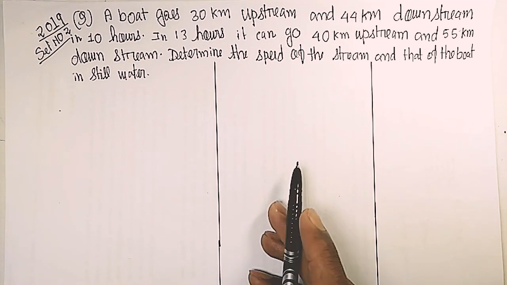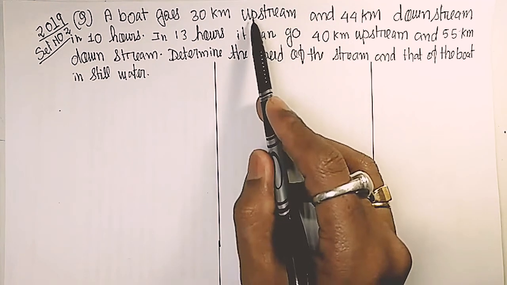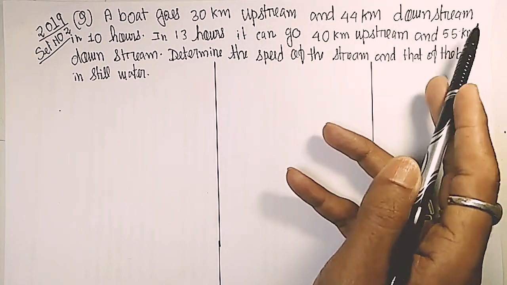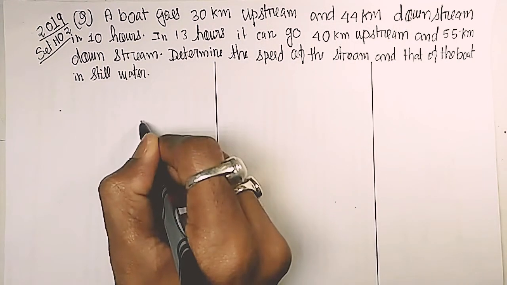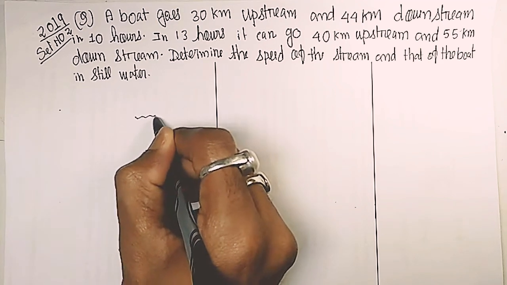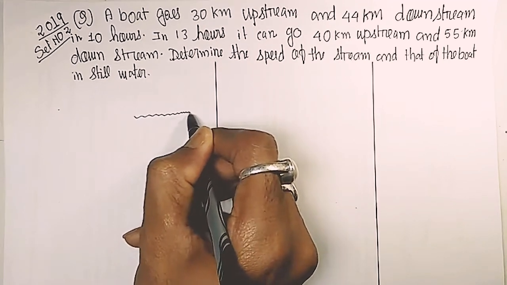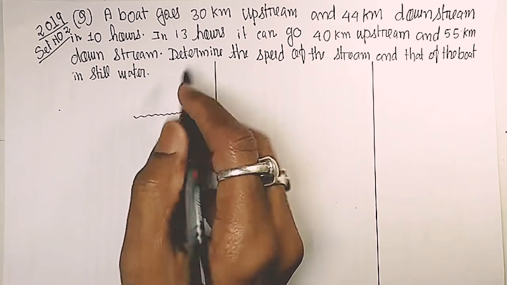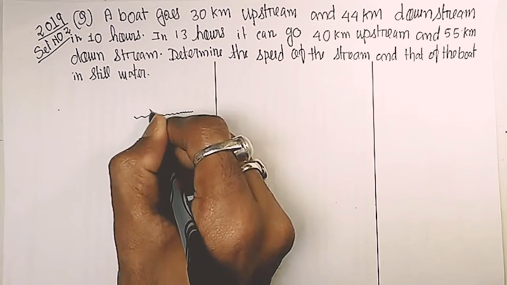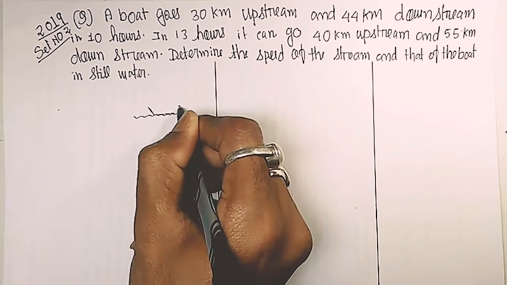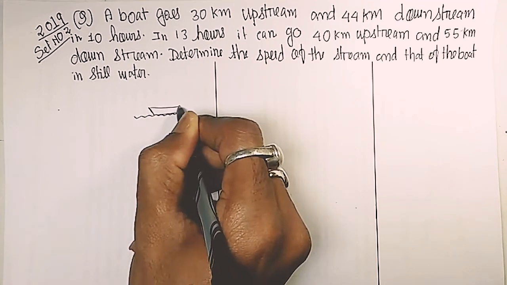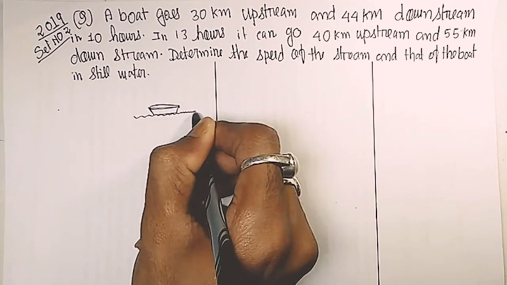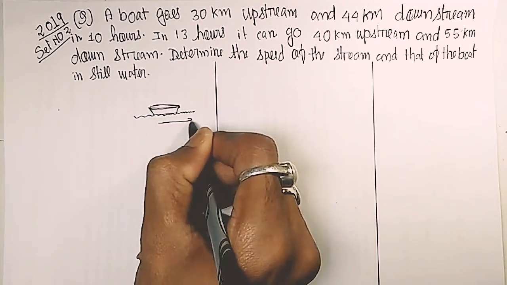So first of all, you should know upstream and downstream. What is the meaning of upstream and downstream? Suppose this is the flow of current of the water, and this is the boat.